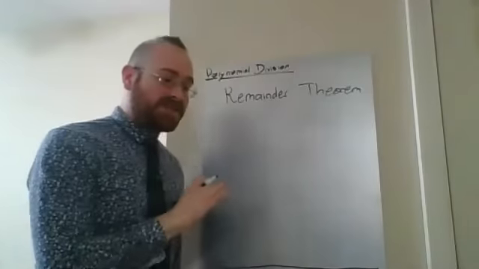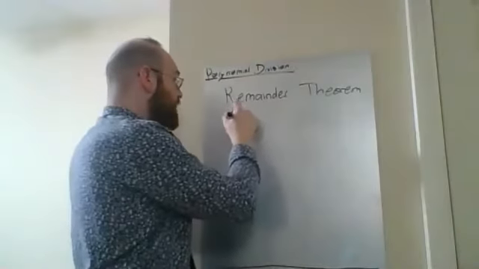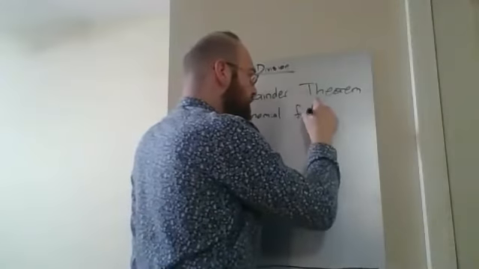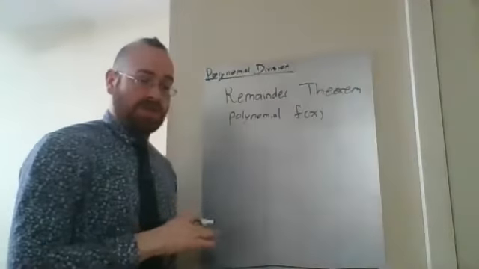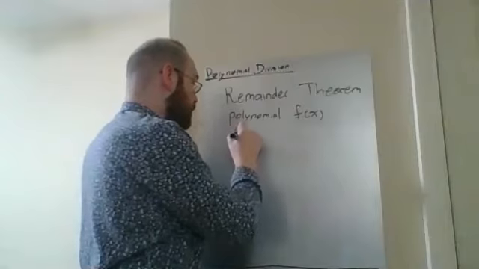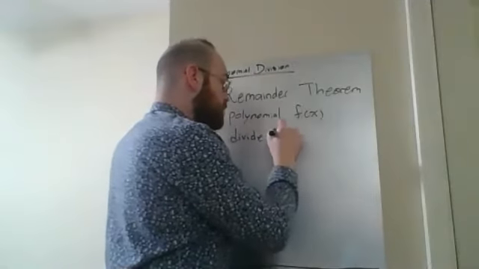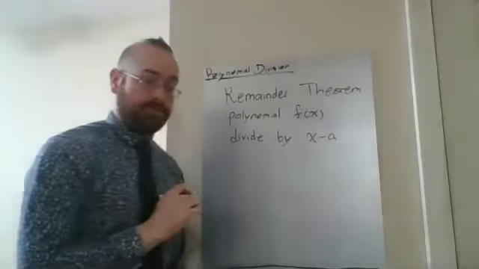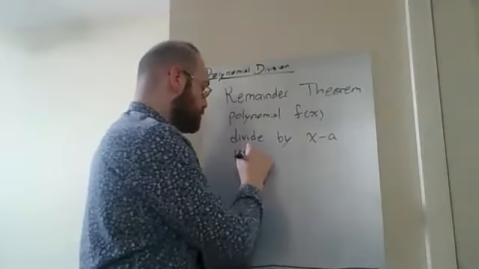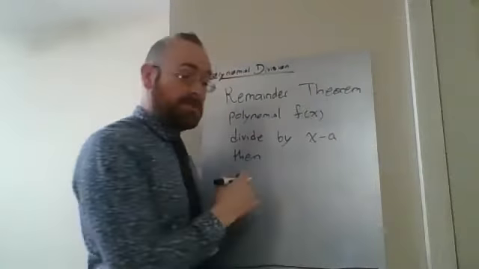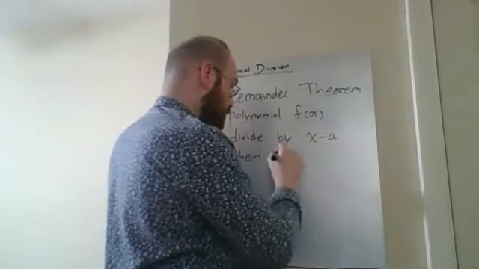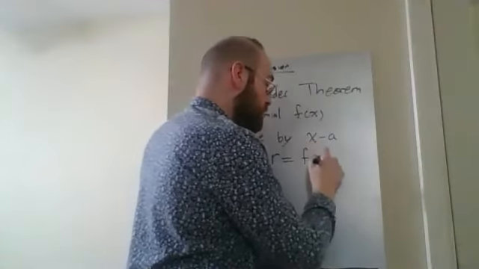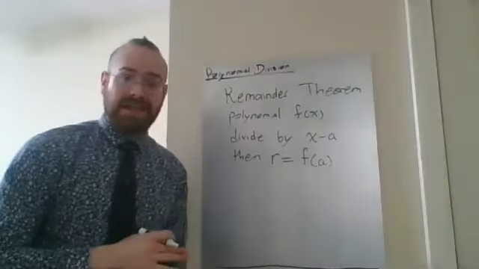And the Remainder Theorem says if we have a polynomial f of x and we divide our polynomial by x minus a, then the remainder is equal to our function evaluated at a.